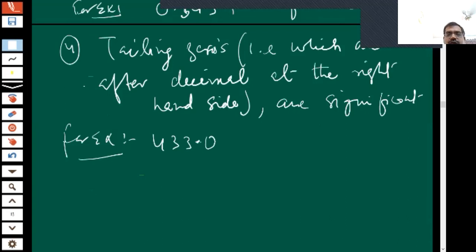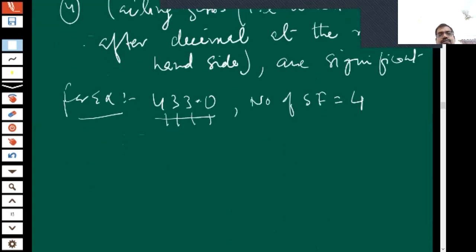So this is the decimal and this is ending with 0. Okay, so number of significant figures are 4. 1, 2, 3 and 4. Understand? Point number 5.